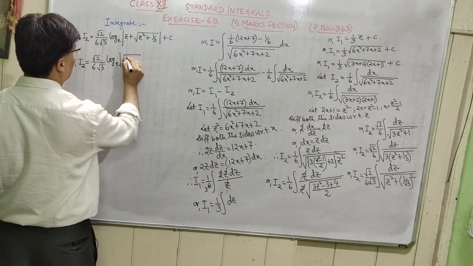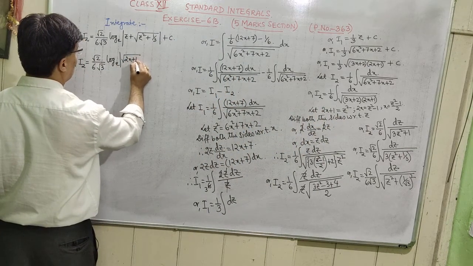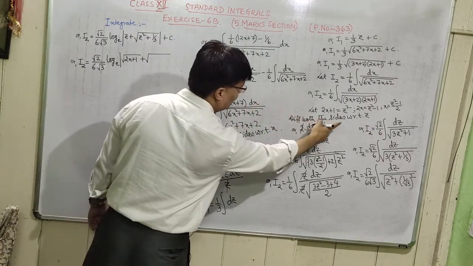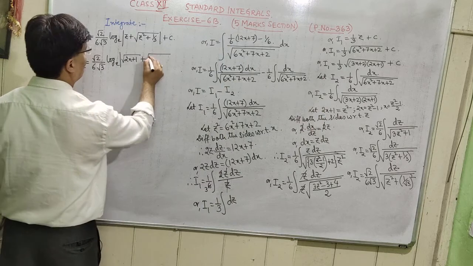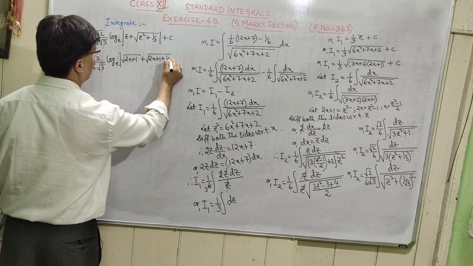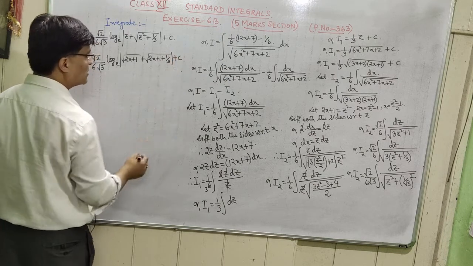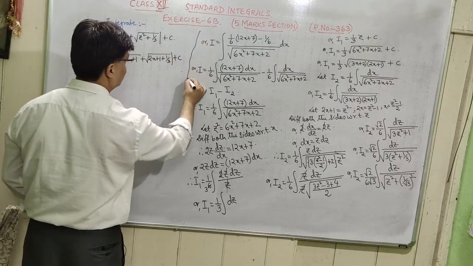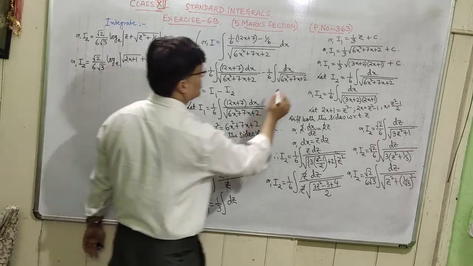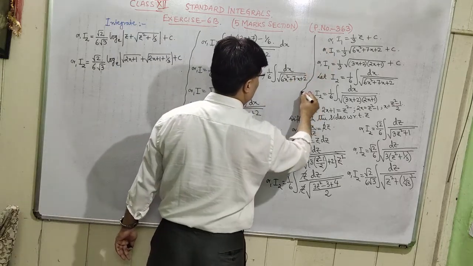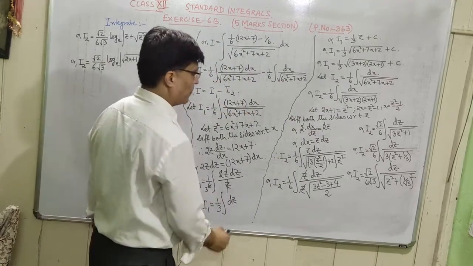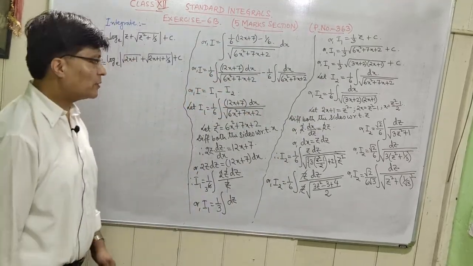So it is root over 2x plus 1 plus root over, again z square is 2x plus 1, so this is 2x plus 1 plus 1/3, mod sign closed plus c. So I think you have understood it.